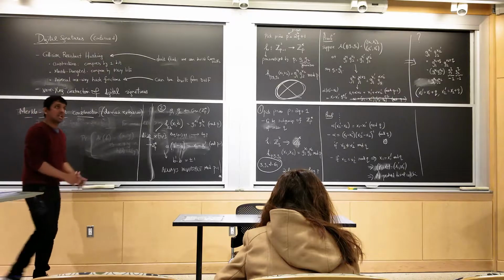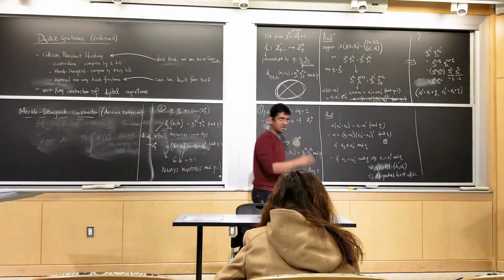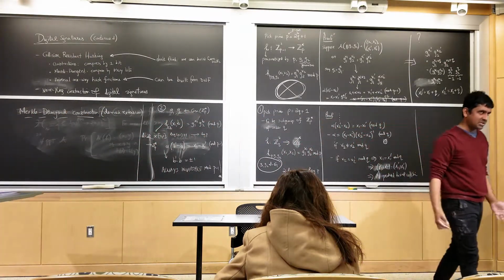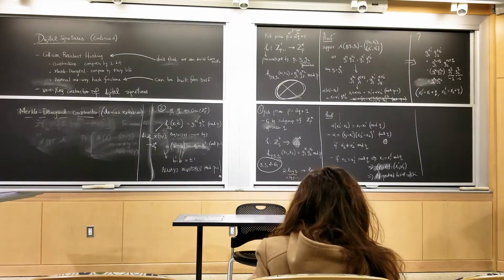All right, so let's try to extend. Here is a candidate. My hash function now gets a very long input. Hash each of them separately, and add them up.